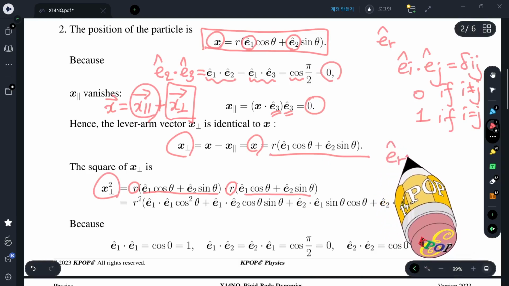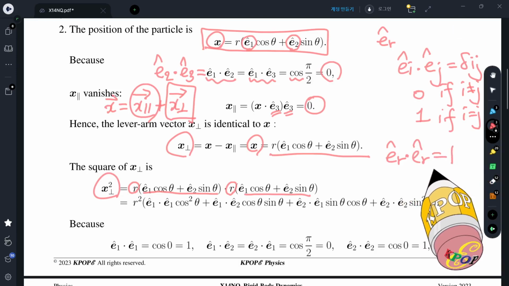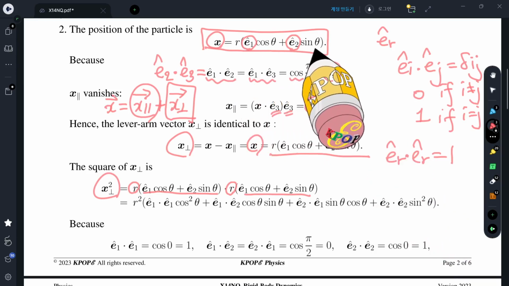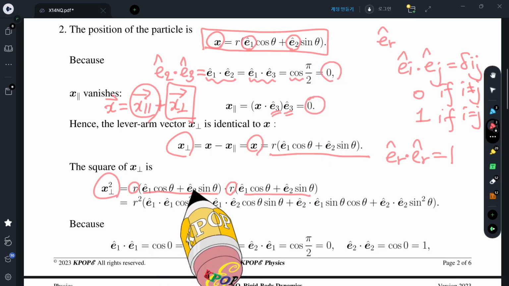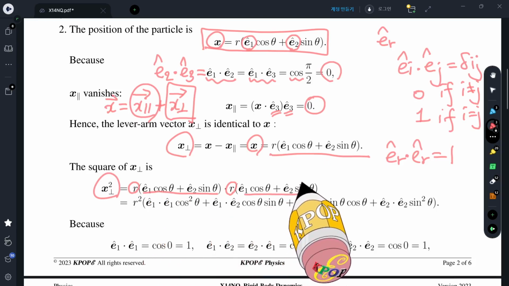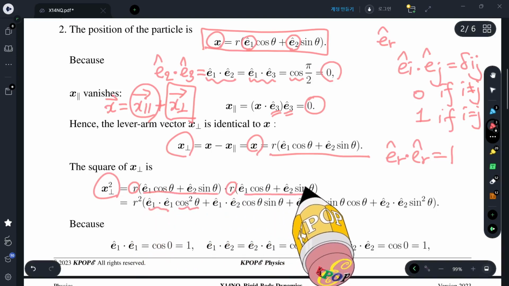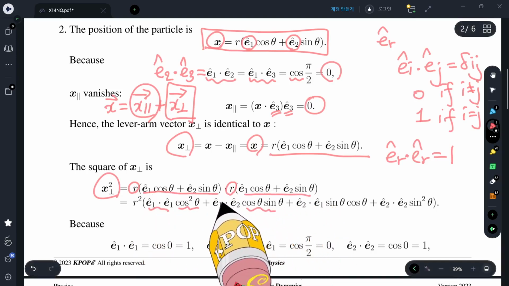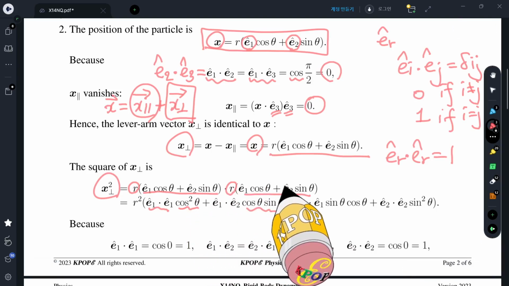I can make use of this relation directly, but for the students who are not familiar with the radial and tangential vectors, I can make use of the expansion as a linear combination of the unit Cartesian basis vectors e1 and e2. We expand the scalar product: e1 dot e1 cosine squared, e1 dot e2 cosine sine, e2 dot e1 sine cosine, and e2 dot e2 sine squared.